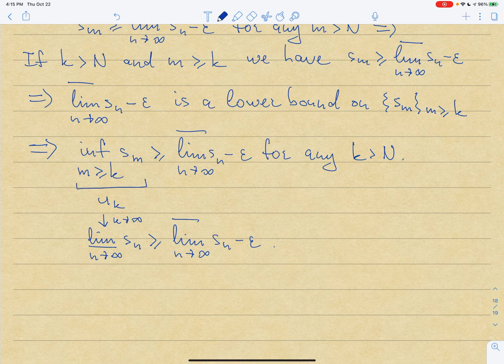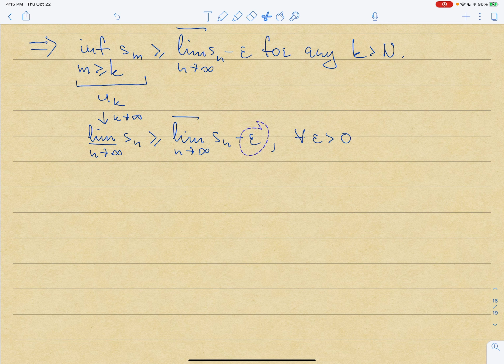So this is a number, this is a number, this is a number, right? What can I do with epsilon? I can let epsilon be as small as I wish, which means that I can let epsilon go to 0. So letting epsilon go to 0, what I get is the same expression, but now without epsilon.